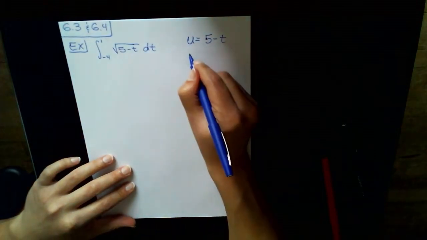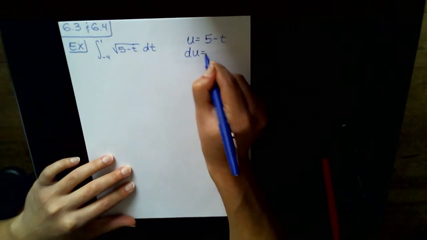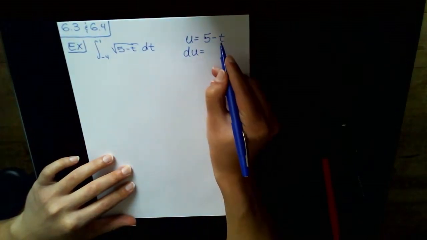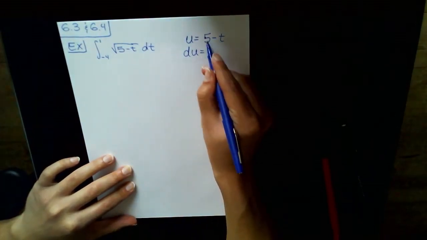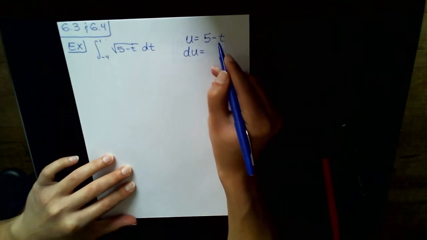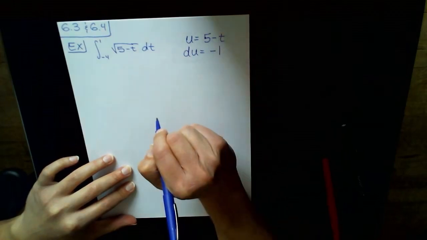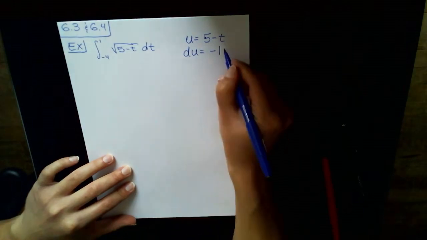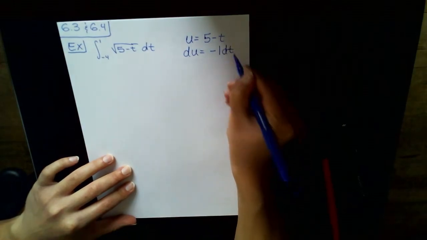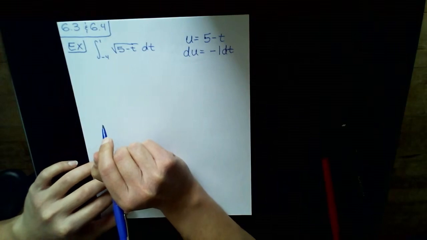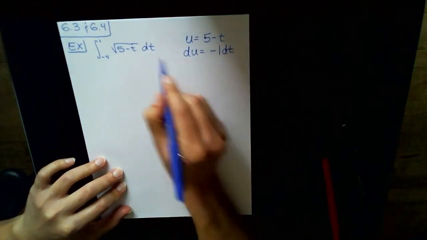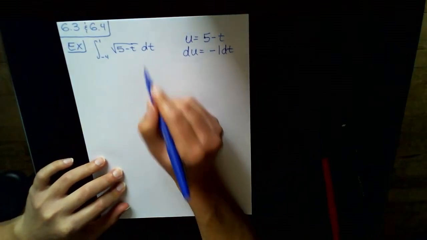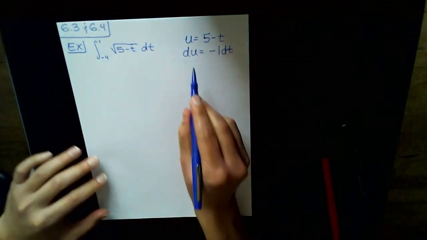And when we do that, that means du is the derivative of 5 minus t. So the derivative of 5 is just 0. The derivative of minus t is negative 1. And that's times dt. So remember, we always put a dx or dt if we started with dt at the end of our du.